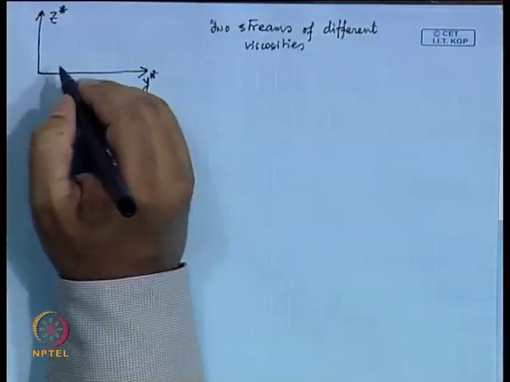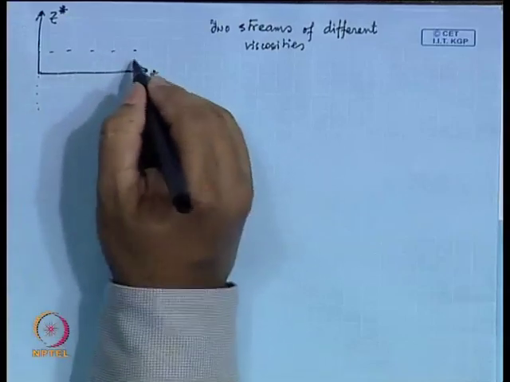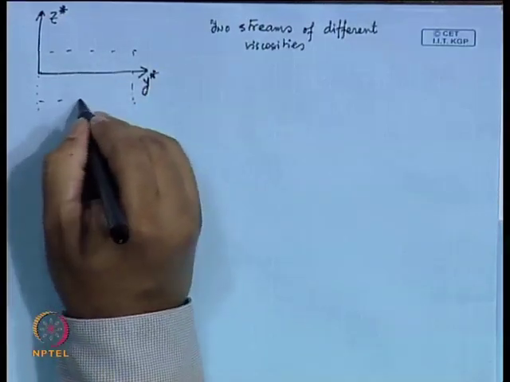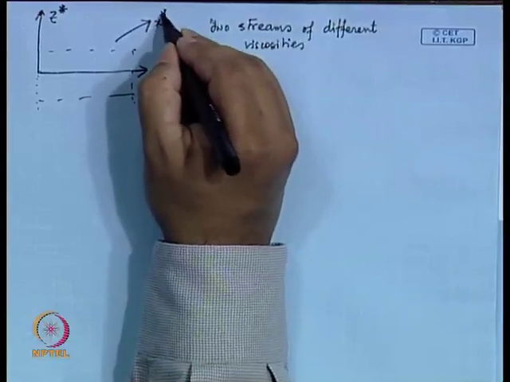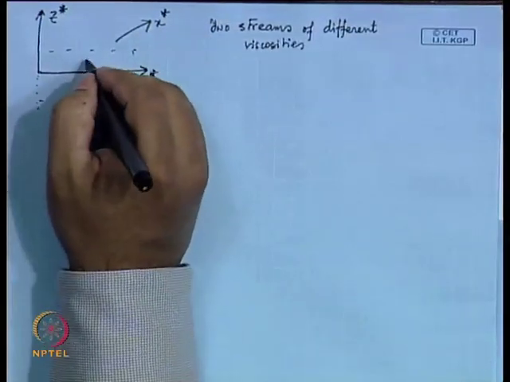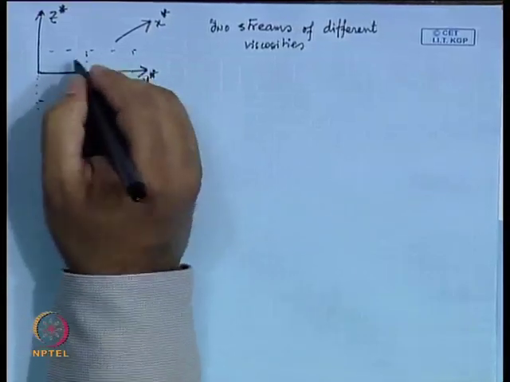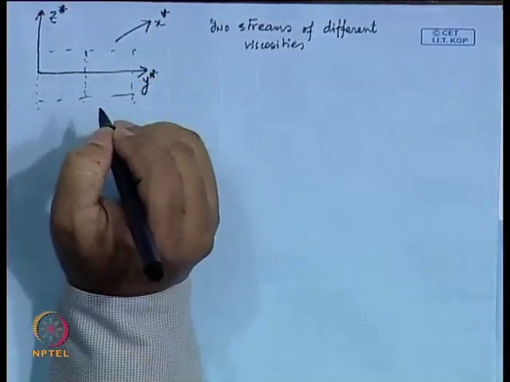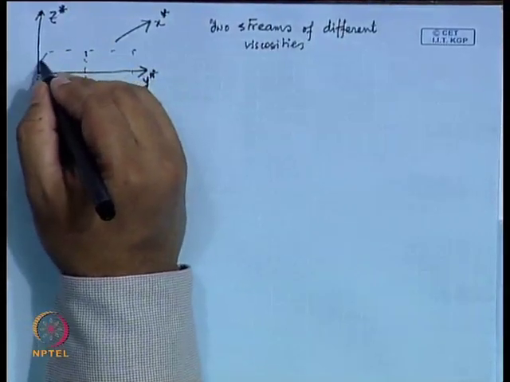So, as before, this is the channel we are looking at. At some distance, not exactly half, you have one viscosity.